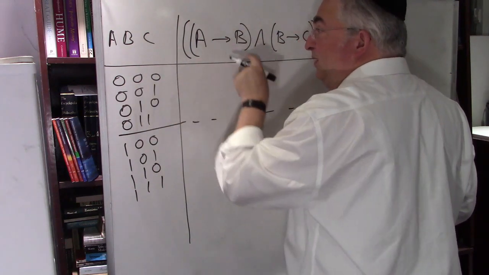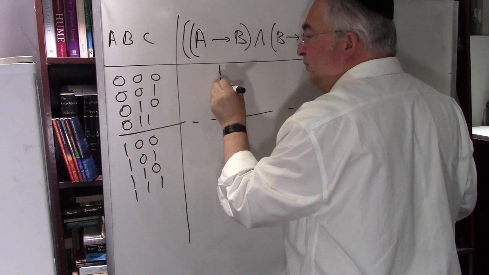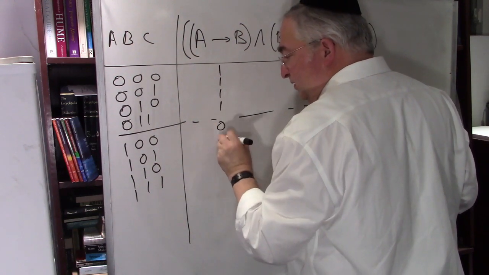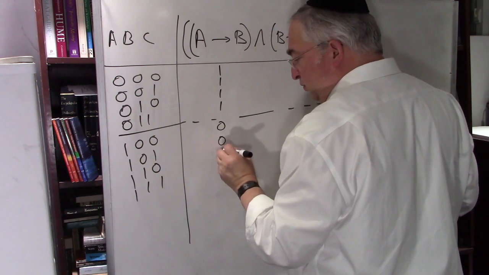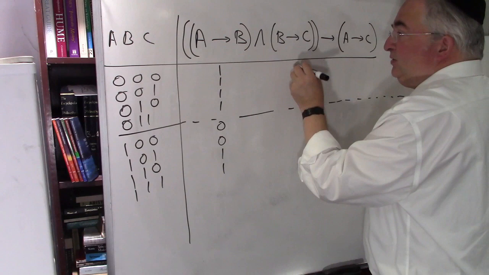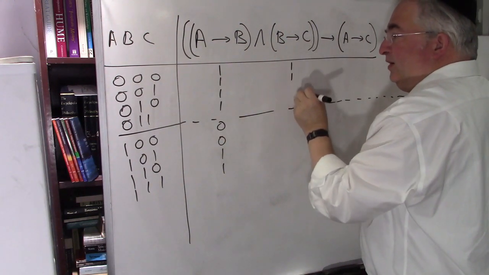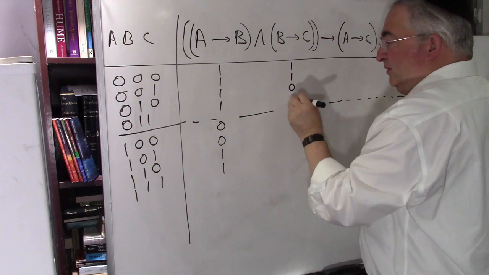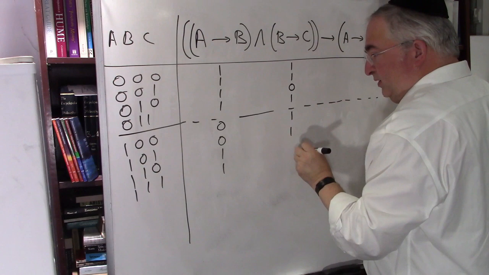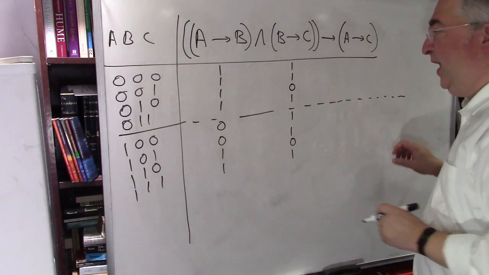A arrow B: 0 arrow 0 is 1, 1 1 1, 0 0, 1 1. Great. B arrow C is what? 1 1 1, 0 1, 1 1 0 1.